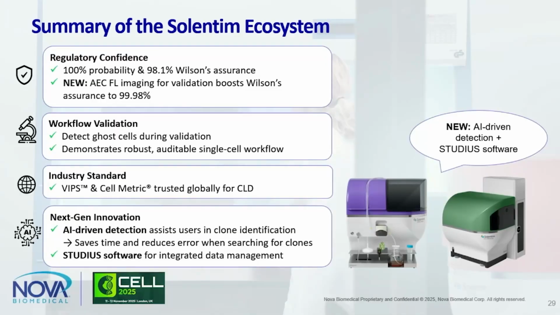Our tools enable robust validation, proving your single cell workflow, and VIPS and Cellmetric are trusted globally for your cell line development. Now with the AI-driven detection, you can save time identifying clones whilst the Studious software integrates data for smarter and faster decisions. This is confidence, speed, and innovation all in one platform.